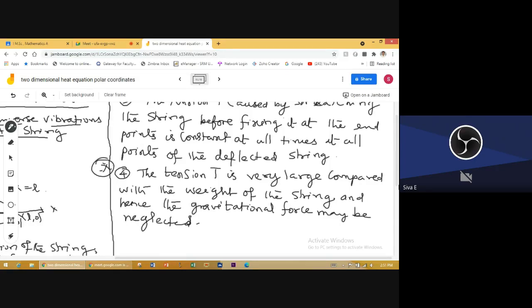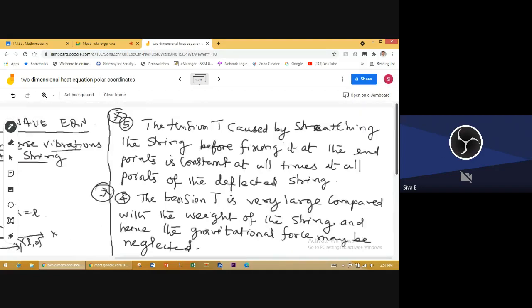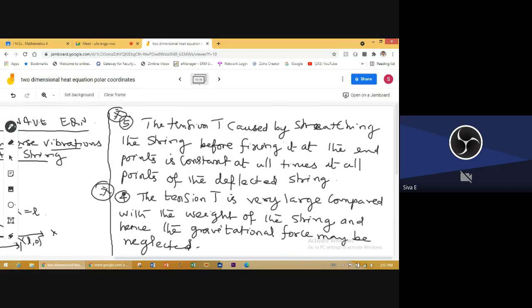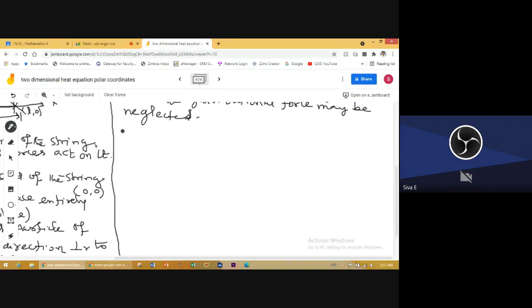So from this, point number 6 now, not 4, it's point number 7: the effect of friction is negligible.